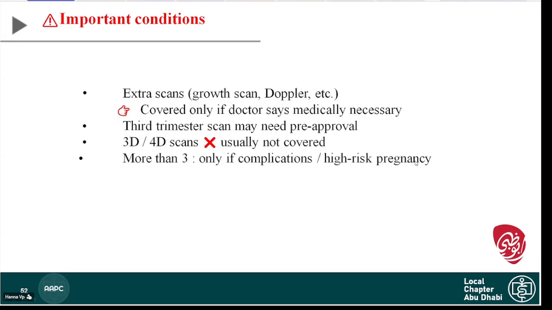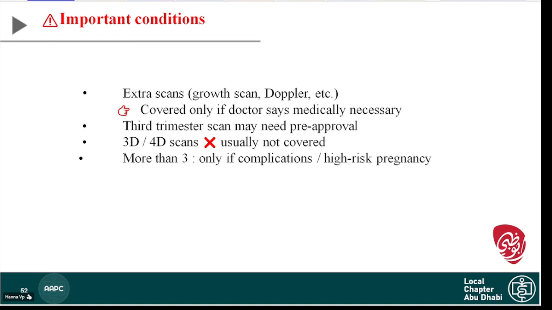The insurance will allow more than 3 ultrasounds when the patient has any complications or a high risk pregnancy. Okay, these are the guidelines related to ultrasound in the pregnant patient, guys.